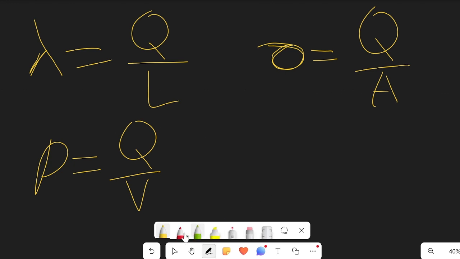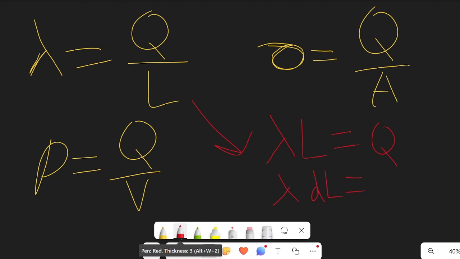So for example, if we're thinking of length, which is what we were using from earlier, we take this length one down here. We'll say that charge density times length is equal to charge. So then we can say that charge density times dl is equal to dq, right?